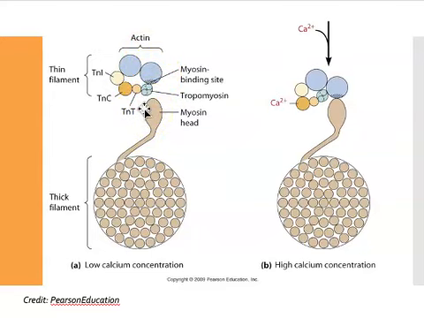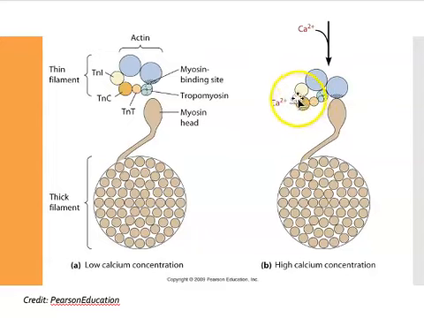Now imagine that a nerve impulse has arrived and is signaling to the sarcoplasmic reticulum to release calcium. So now we have flooded this muscle fiber with calcium. Calcium is going to bind to, here's the calcium, the gold part of troponin, the TNC part. And that binding is going to cause this protein to change shape.